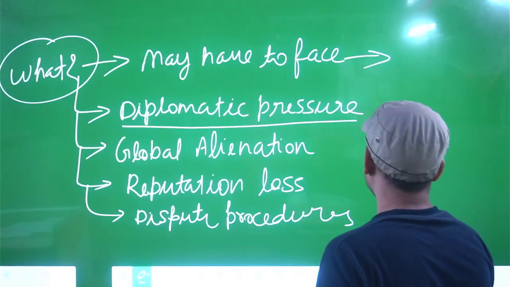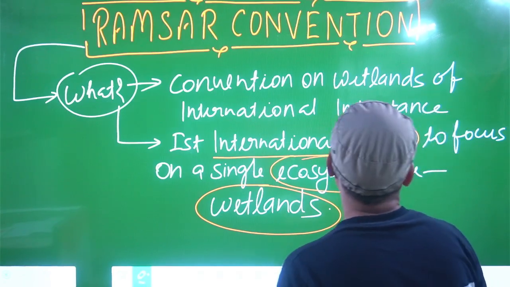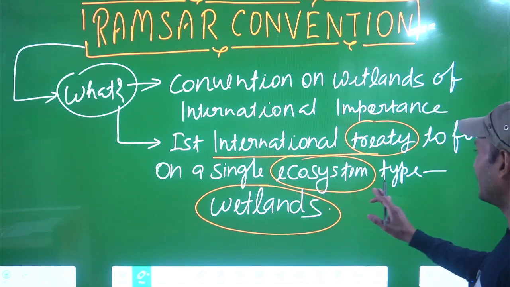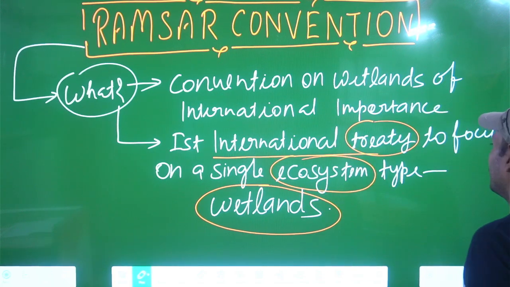Now, coming to the next keyword, that is ecosystem. Before we go further into details, understanding these keywords is very important. Now, the next is ecosystem, my friends. What is an ecosystem?